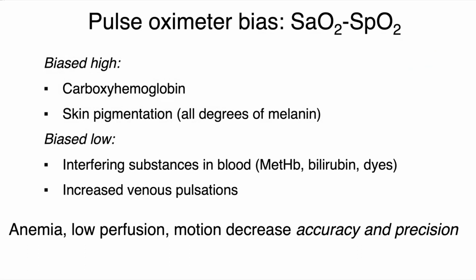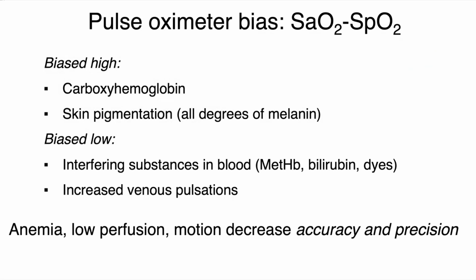In contrast, some of the things that make pulse oximeters read too low and that we know about are interfering substances in the blood. For example, methemoglobin, bilirubin sometimes, and various dyes like methylene blue and indocyanine green. And also increased venous pulsations can confuse the pulse oximeter and make it read too low.